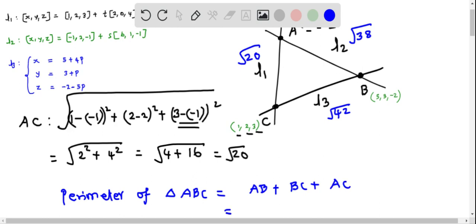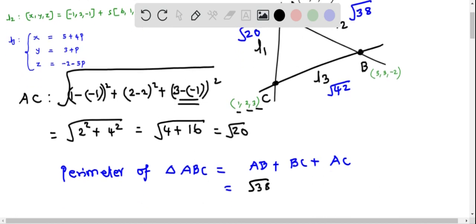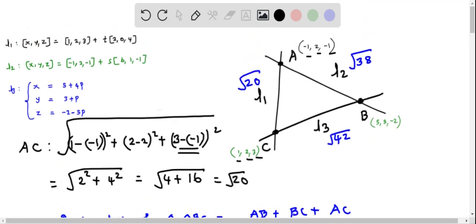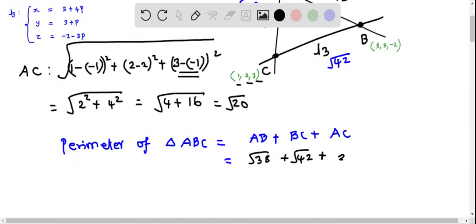So we substitute AB, which is under the root 38, plus BC, under the root 42, plus AC, under the root 20. We plug this into the calculator and we approximately get the value as 17.12. So this is the perimeter of the triangle.